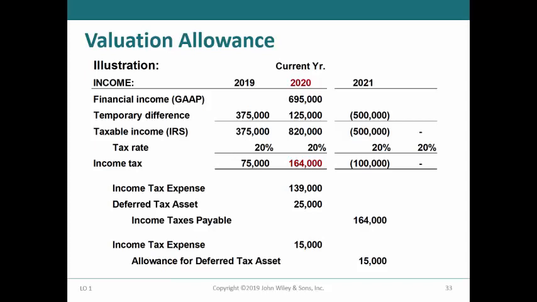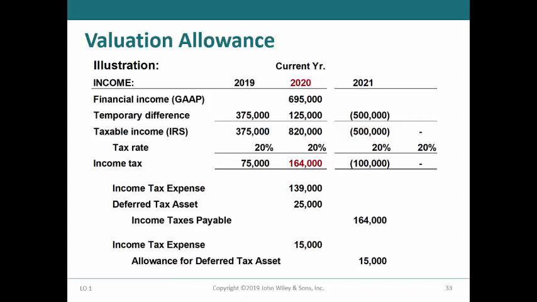To recognize that it is more likely than not that they will not be able to use $15,000 of the accumulated deferred tax asset, they will then record an entry to debit income tax expense for $15,000 and credit allowance for deferred tax asset of $15,000.